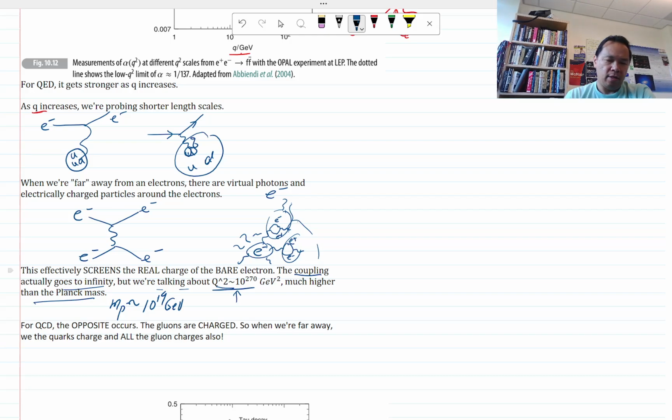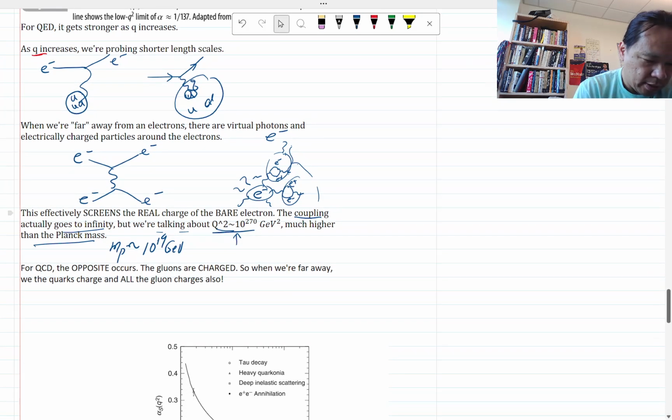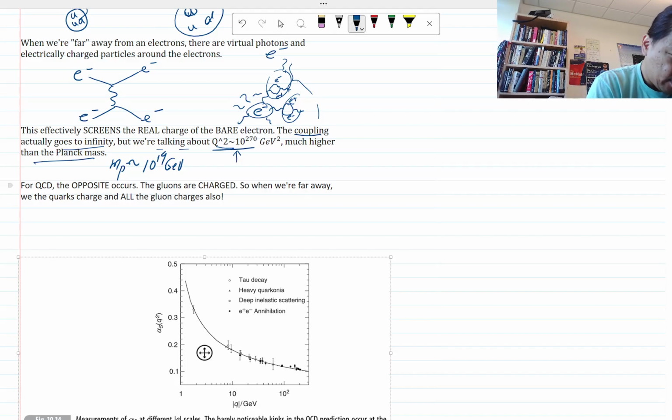You don't go anywhere close to 270. So how is this different for the strong force? The strong force is different. It's completely opposite, because if you switch those electrons out for, let's say, charm and anti-charm, normally you would just have a gluon exchange between them with a scattering.